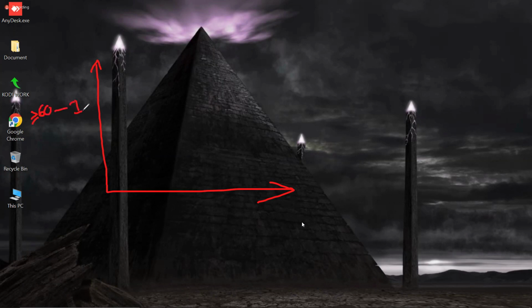Understand, guys? If the patient weight is less than 60, predict he's a non-diabetic patient. This is condition one. Condition two.